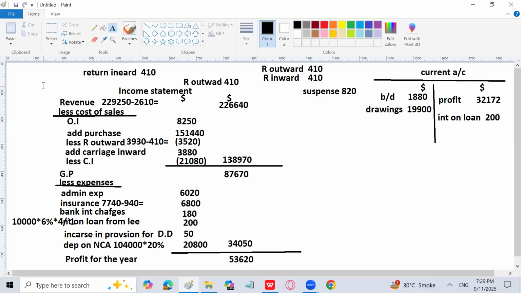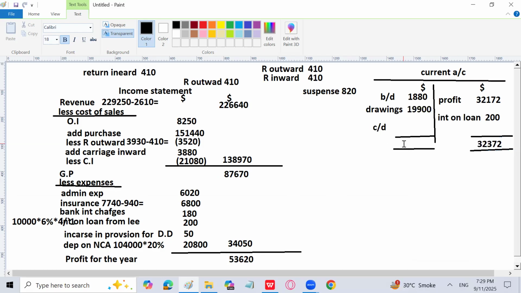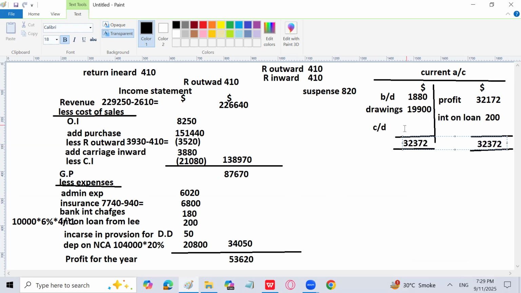Now I will go for the total. Obviously, credit side is heavier, and we can find a positive balance of Lee now because of the profit which is going to be shared to him. So this will come 32372 minus the debit side. What is the carry down? 10592.